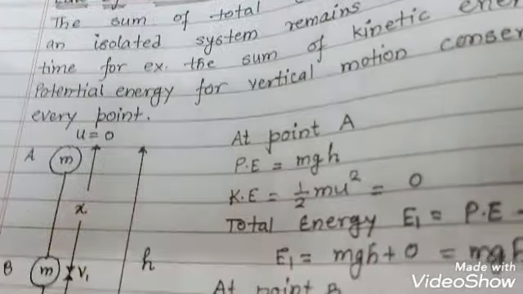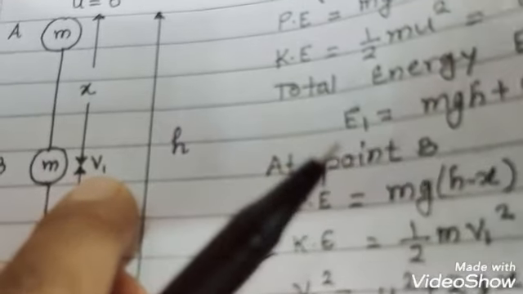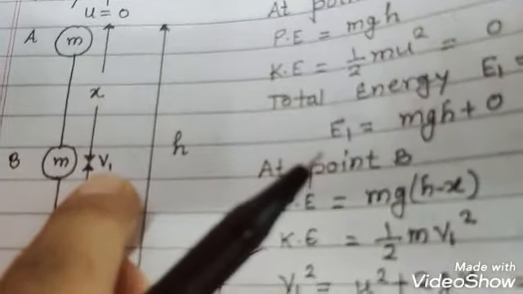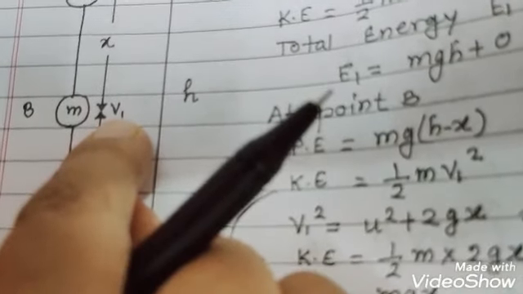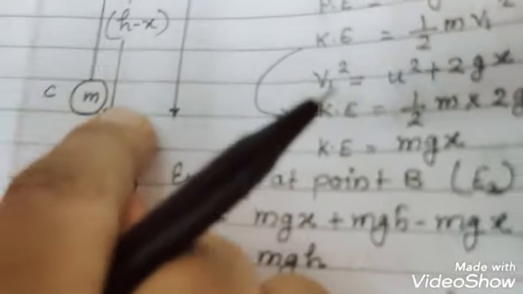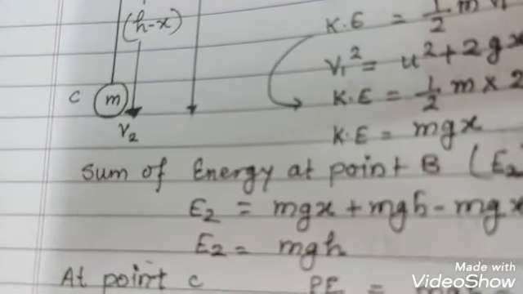Okay, now at point B you will observe the potential energy is being converted into kinetic energy, and at point C the whole potential energy is converted into the whole kinetic energy.